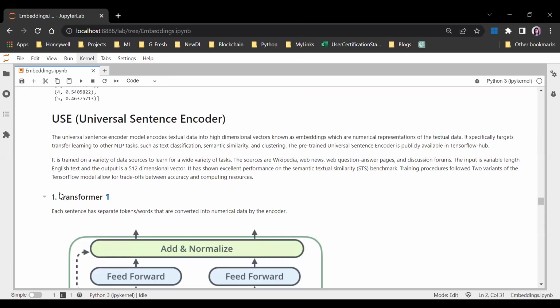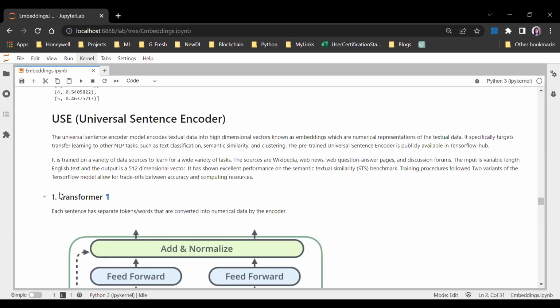Now, the flow for how USE works is we first need to tokenize the sentence after converting it into lowercase to standardize. Then, depending on the type of encoder, like the transformer or the deep averaging network, the sentence gets converted into a fixed dimension vector. So here we define the vector dimension as 512. So it gets converted into a vector of dimension 512.